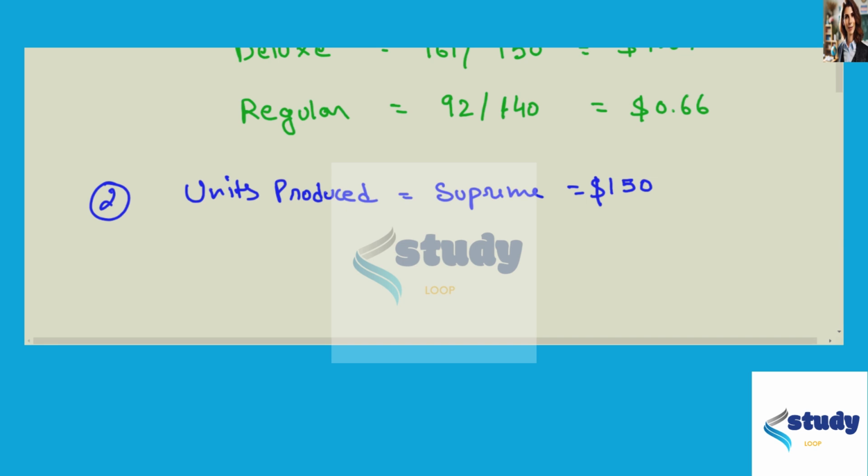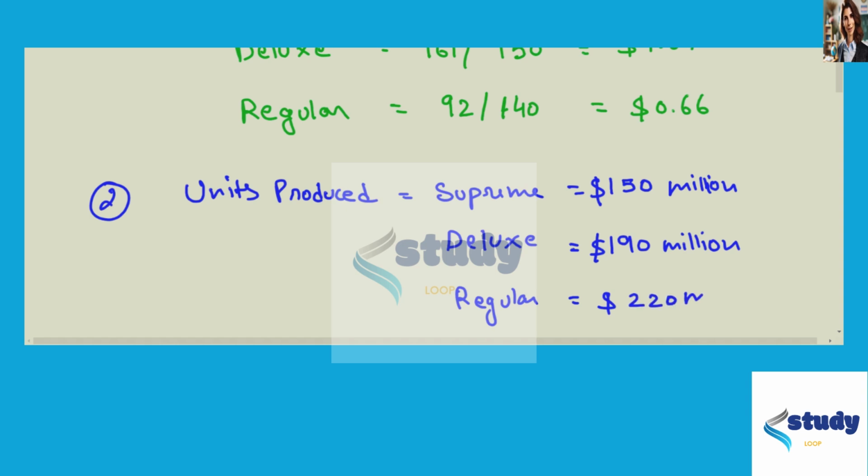For Deluxe, it is given $190 million. Last is Regular, which is given $220 million.